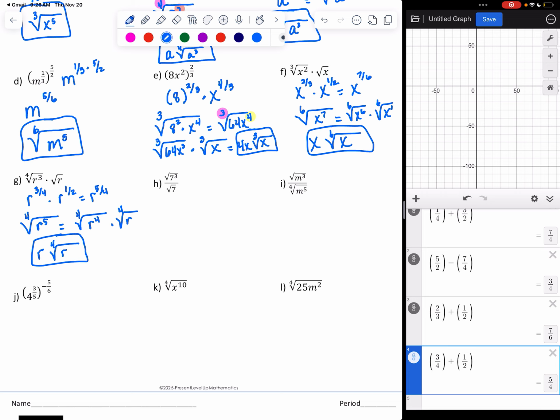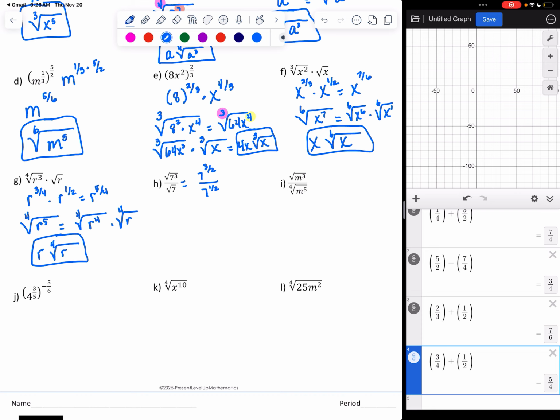All right, problem H. We have the square root of 7 to the 3rd power divided by the square root of 7. So remember, when there is a radical in your problem, you always start out by rewriting the problem with rational exponents. So I could rewrite this as 7 to the 3/2 power divided by 7 to the 1/2 power.